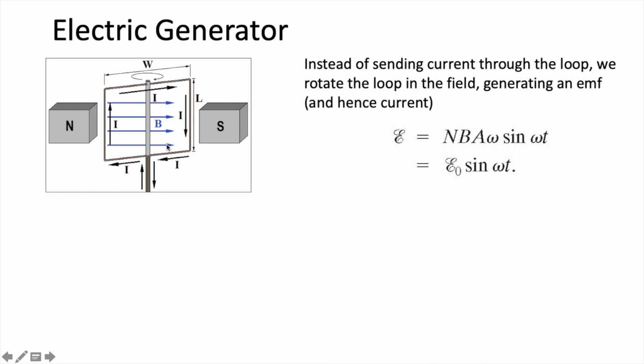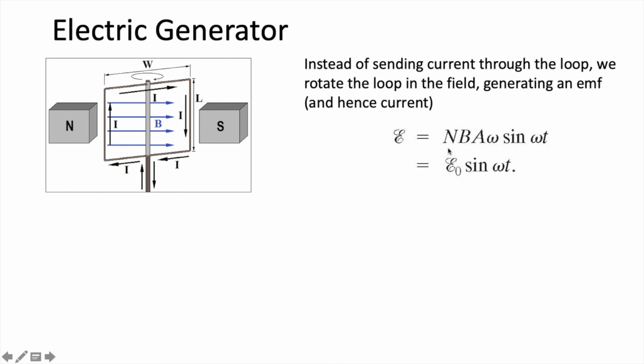So you see the flux changes from minimum to maximum to again minimum to zero, and so on. And as that happens, because this thing is rotating, that produces this oscillating or sinusoidal EMF, which in turn produces oscillating current, or alternating current, AC.